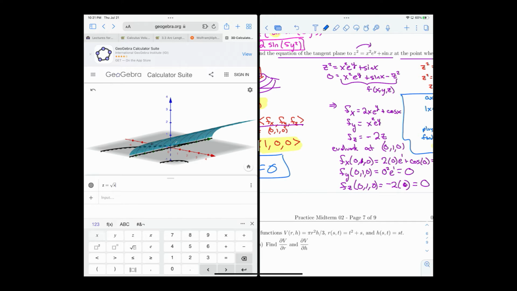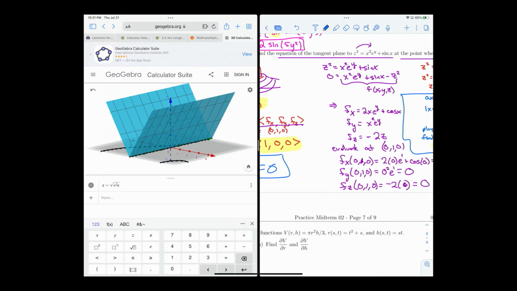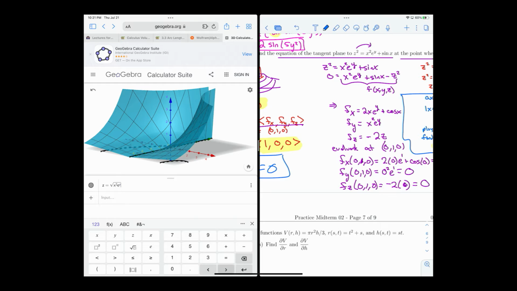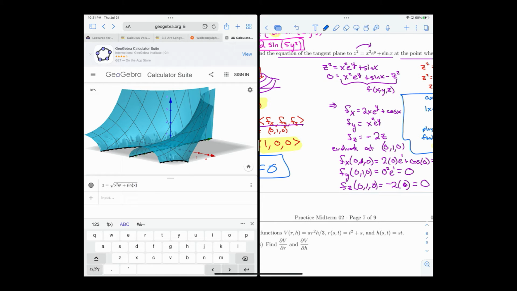X squared e to the y plus sine x. Uh-oh, it's happening again. Okay, there we go.